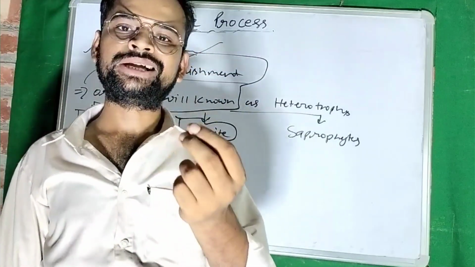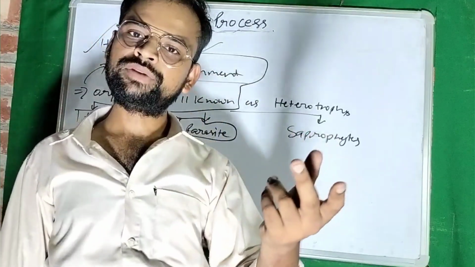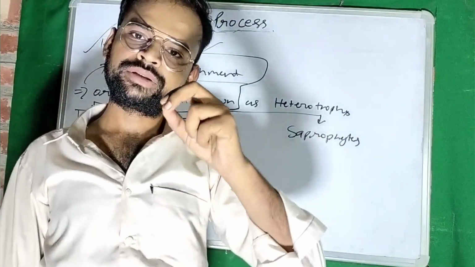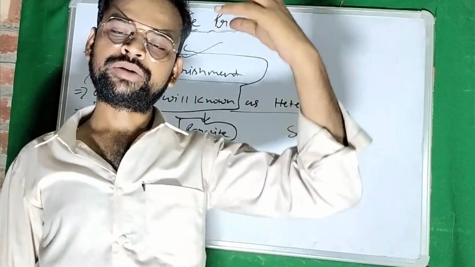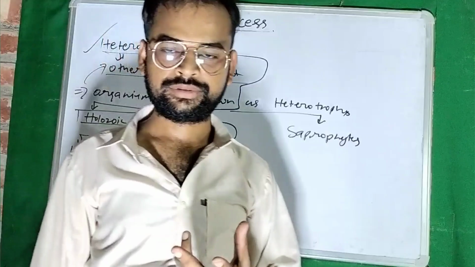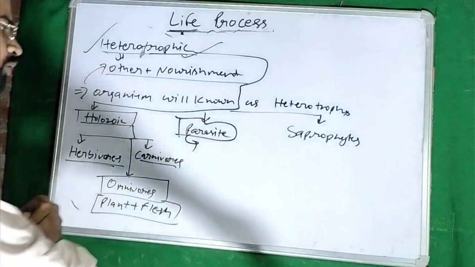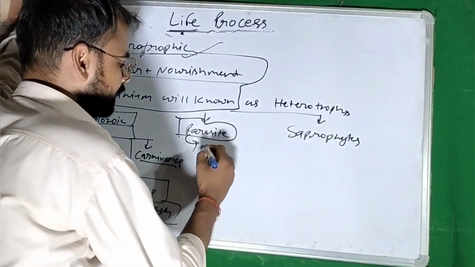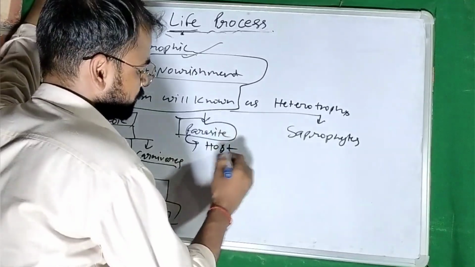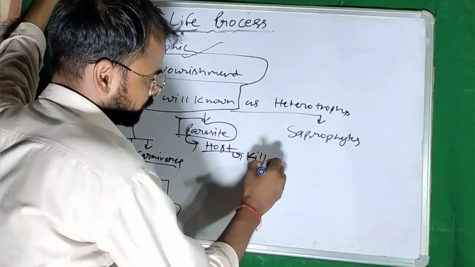In Hindi we call them जुआ. Then what do they do? They take their nutrients from our blood. So parasites take their nutrients from their host, but they do not kill their host.